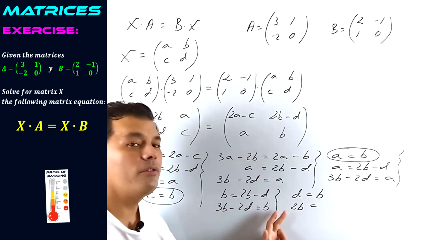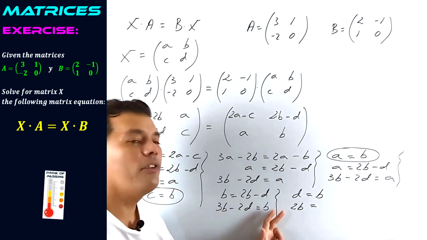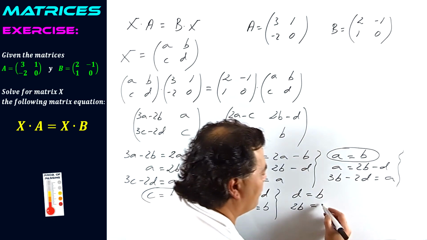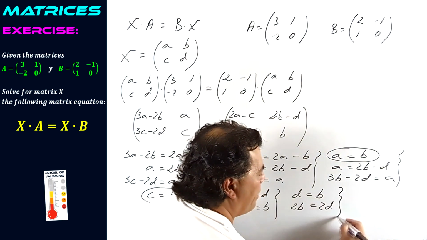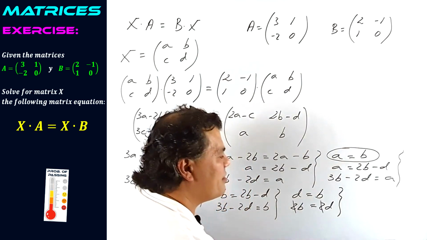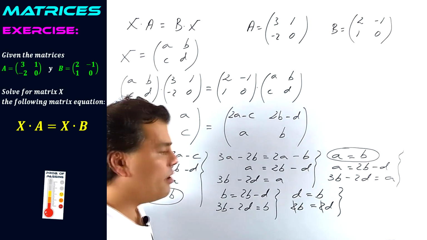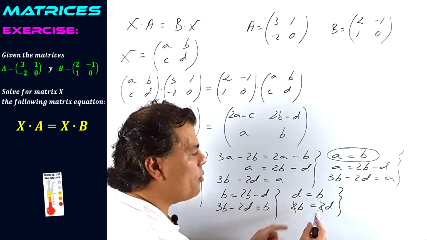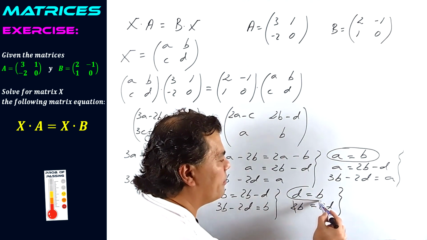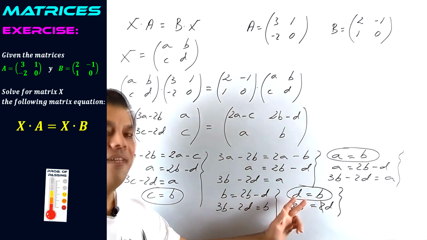Let's fly it to the right, and we will have 2D on the right. And you can see that both equations give us the same result, B equals D. I'm going to circle it here.